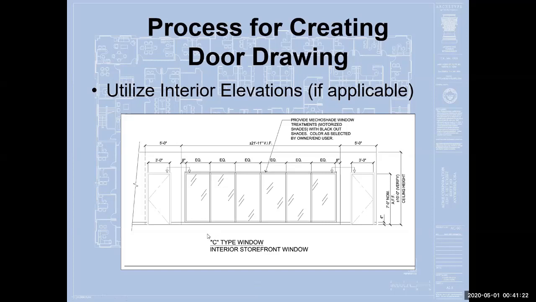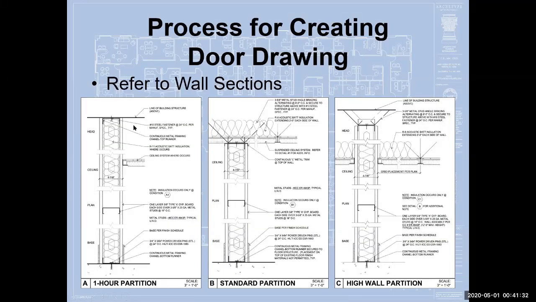But we've also identified it as a type of window or type of door assembly. So that's something to keep in mind. All right, we're then going to go back and understand our wall types to see what elements are necessary to understand about the kind of door or wall that we're putting this door into. So we're just going to review that.